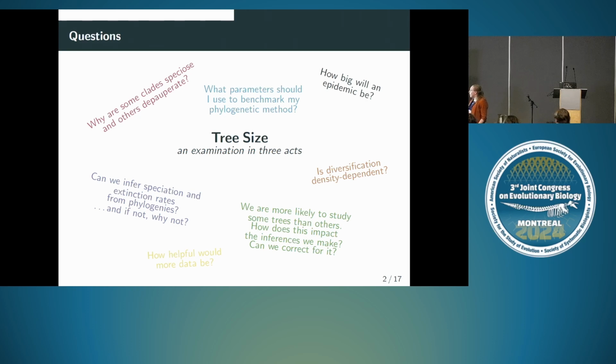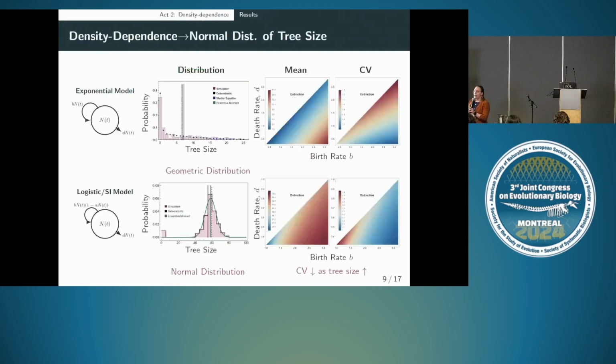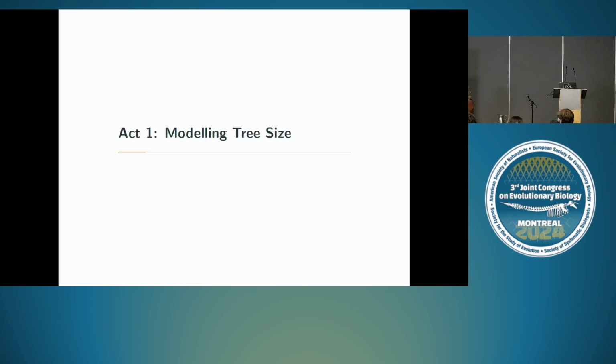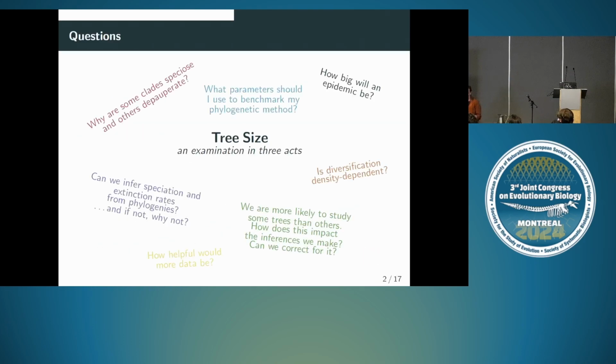We could ask other questions like, is diversification density dependent? That's one thing that will come up later in the talk today. And then if we think about lineages as viral sequences, for example, in all the genome sequences we collected during the COVID epidemic, we could ask questions like, how big should an epidemic be?